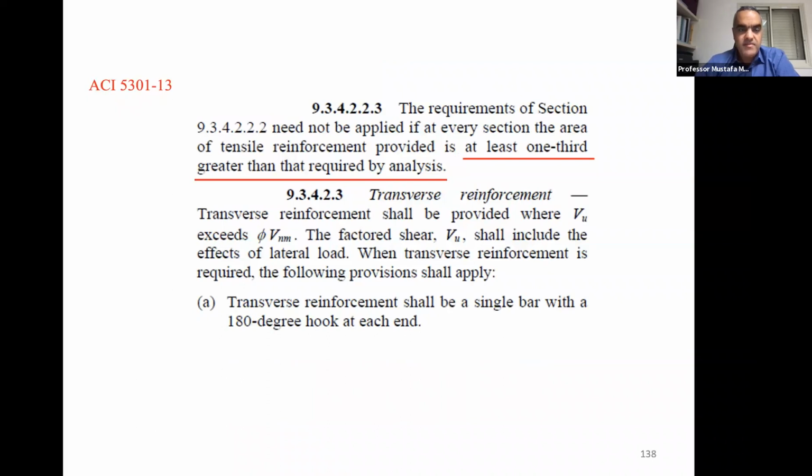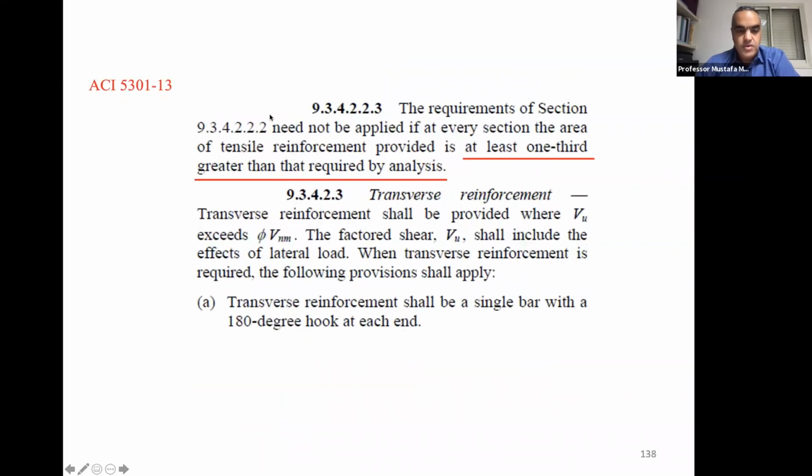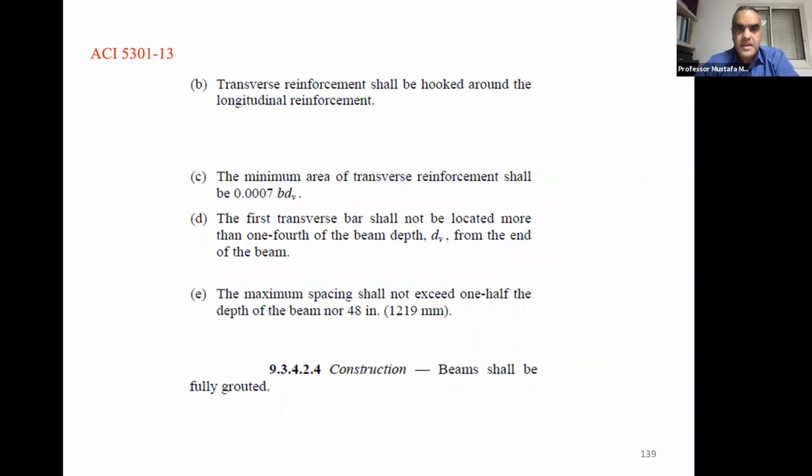Here we have some other requirements for the beams related to the reinforcement. The transverse reinforcement shall be a single bar with a 180-degree hook at each end, hooked around the longitudinal reinforcement.